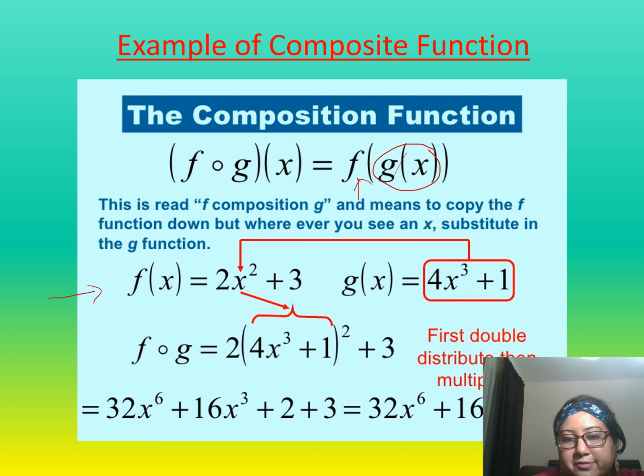So in this function f(x), instead of x, we are substituting 4x cubed plus 1, that is my g(x). Again, you just simplify it, open this square, distribute, and then multiply. So you're going to be simplifying it and getting your final answer as this. So this is an example just to quickly recall your memory about composite function and its example.